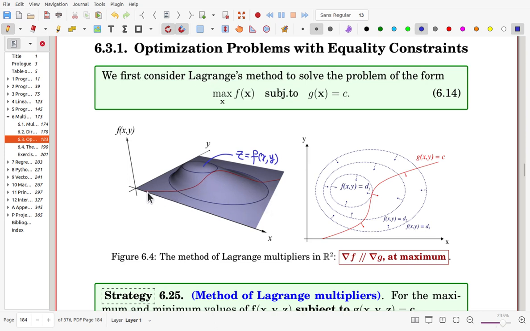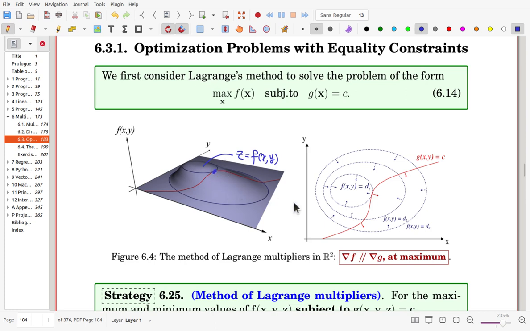So we have to choose the point from all this curve, and we measure the function value, and among them we can choose the maximum. Pictorially, this point seems to have the largest value.